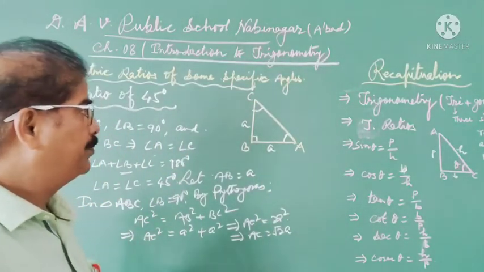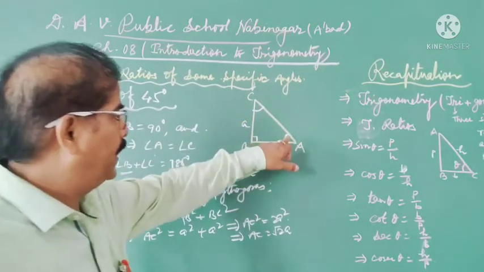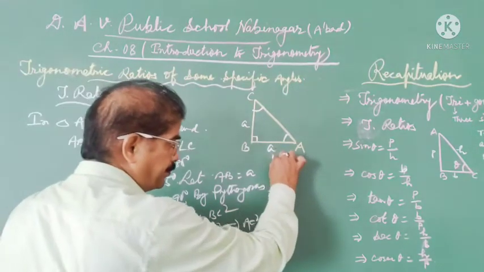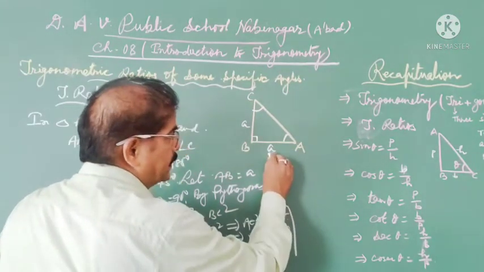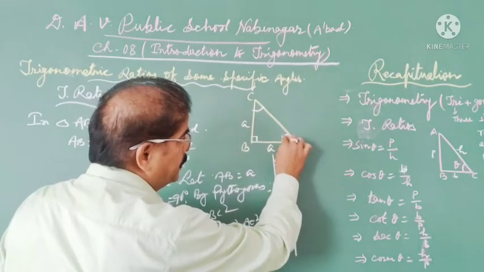So now finding T ratio of an acute angle A, that means 45 degree.